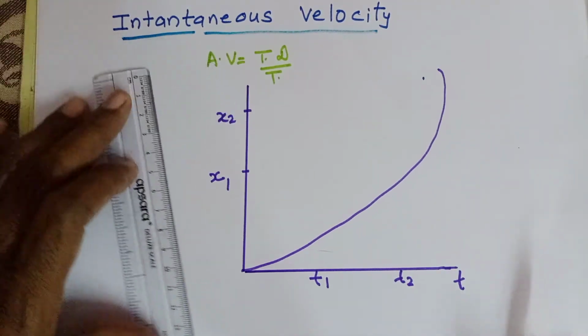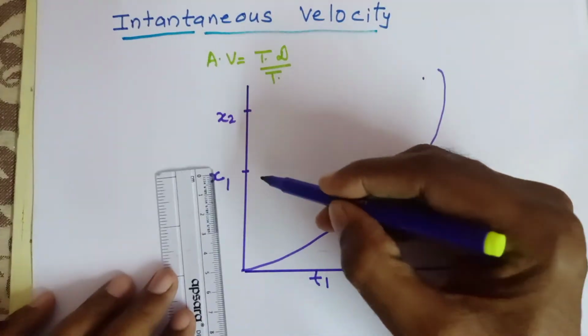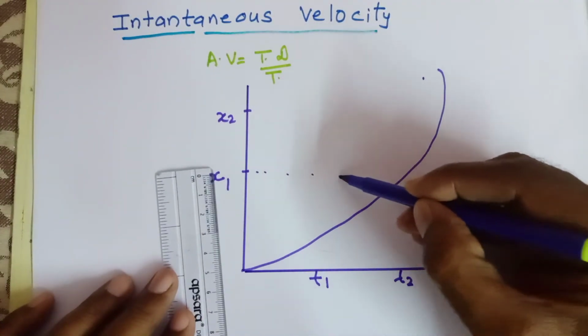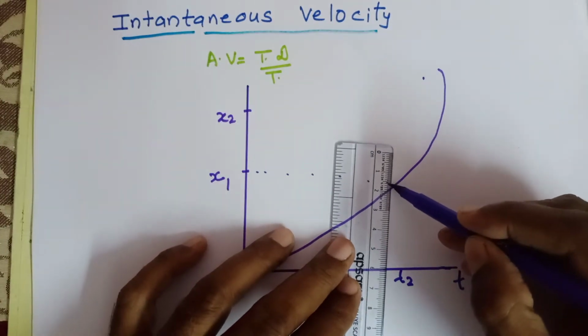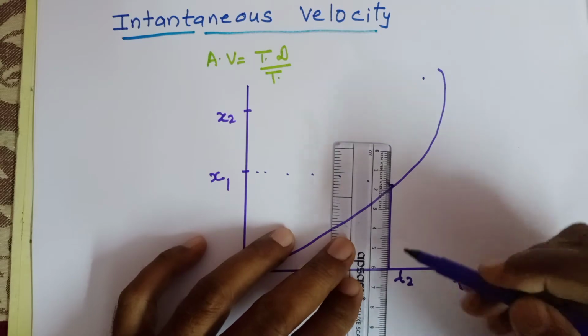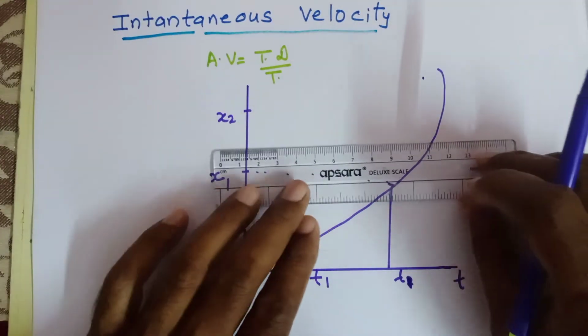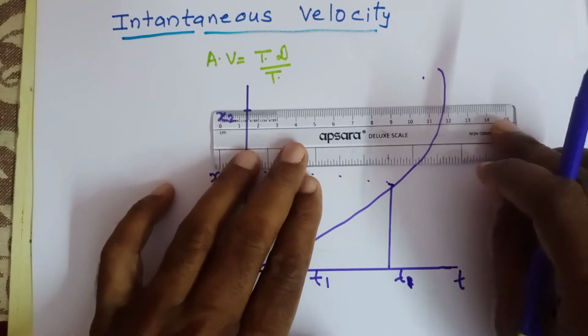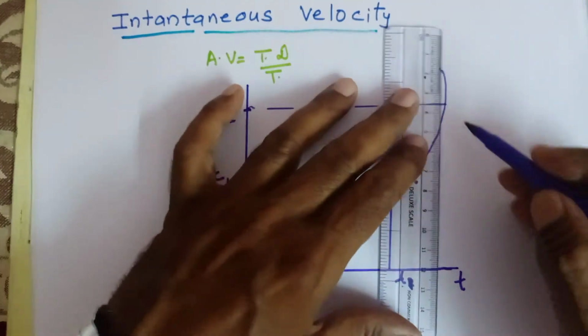So we can take two positions. Corresponding to x1, suppose the time is t1. This we will write t1, and corresponding to x2 we will take another time, and that will be t2.